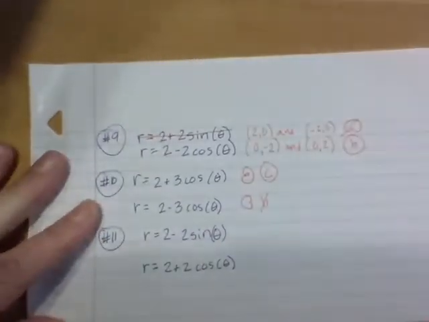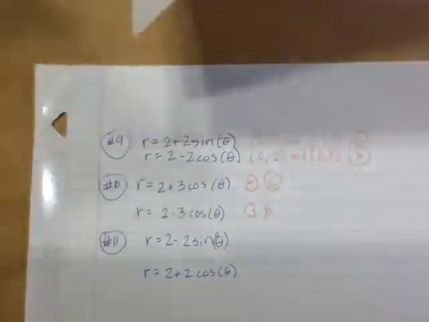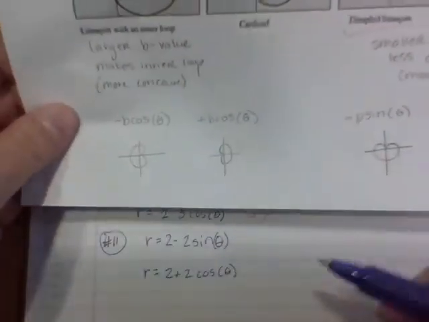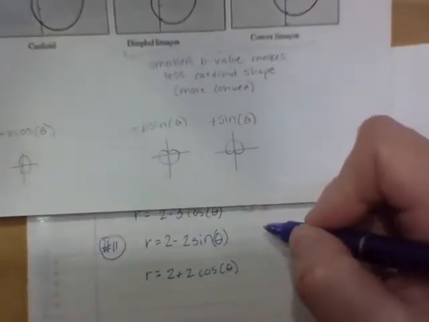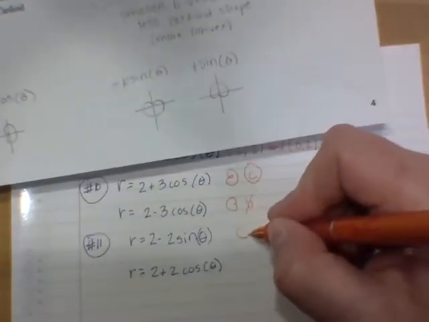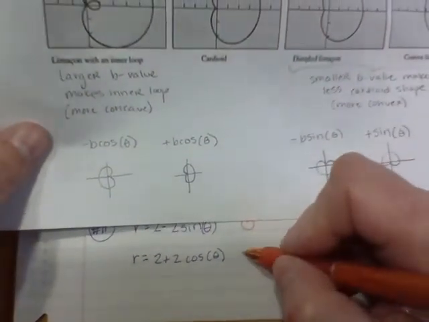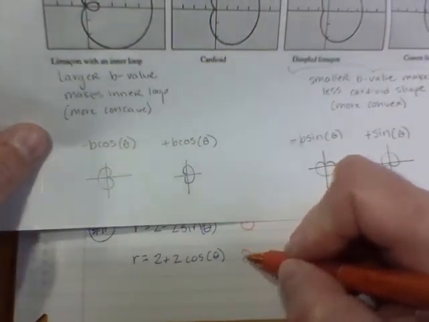Okay. So again, looking at our options, of negative 2 sine. So negative sine means that we're going to have that kind of shape of a heart. Versus the positive cosine means that we're going to have this left-facing kidney bean thing.